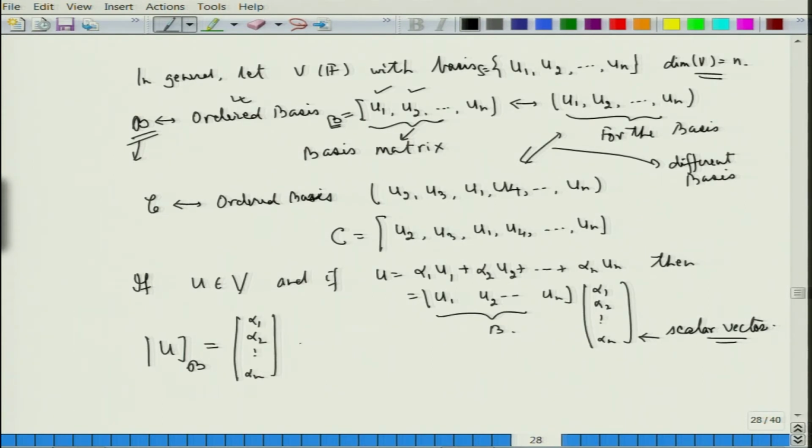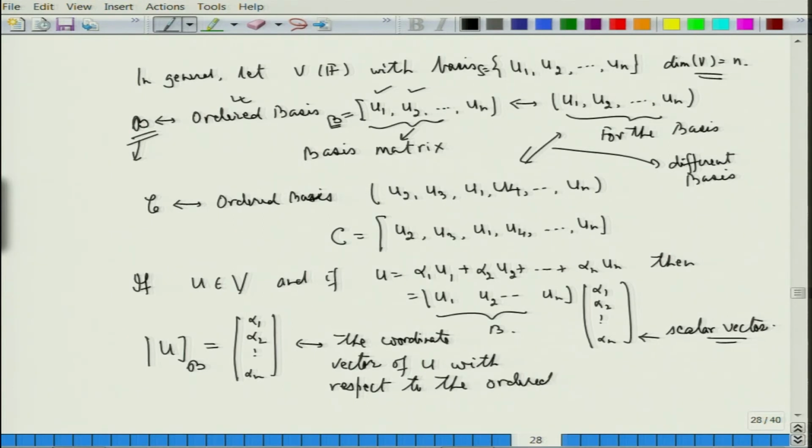All right, and we call it the coordinate vector of u with respect to the ordered basis B. Is that okay? So, this is what you have to be careful about.